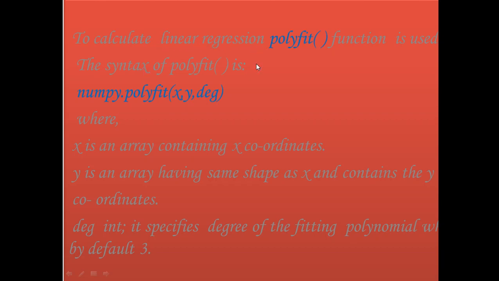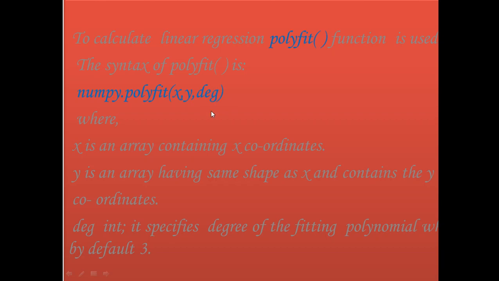And the syntax for polyfit is numpy.polyfit(x, y, deg). Here it is the same syntax as covariance and correlation, but one more argument is added, deg. Deg here is the degree.